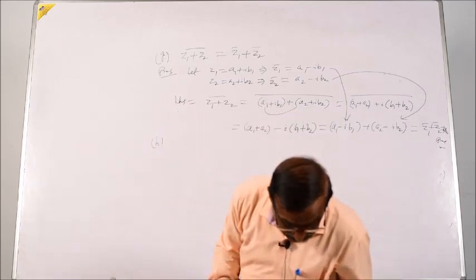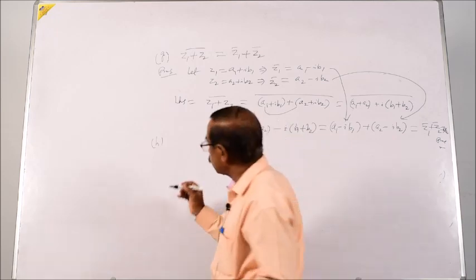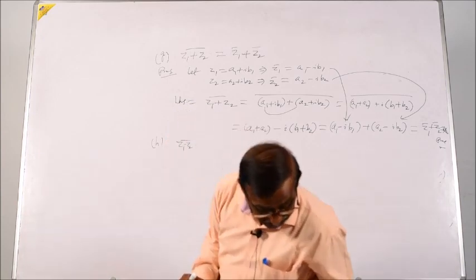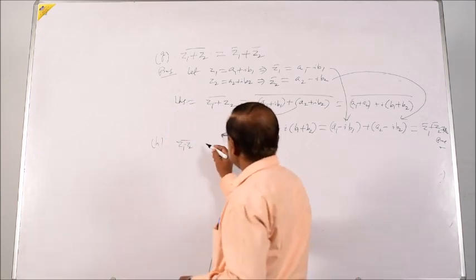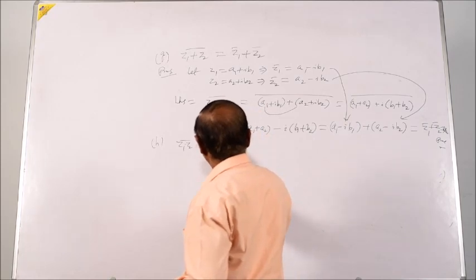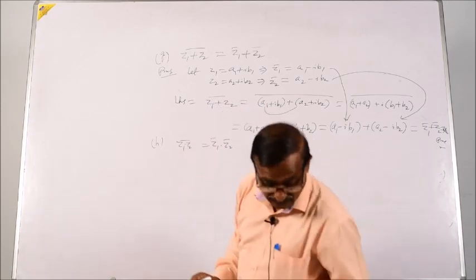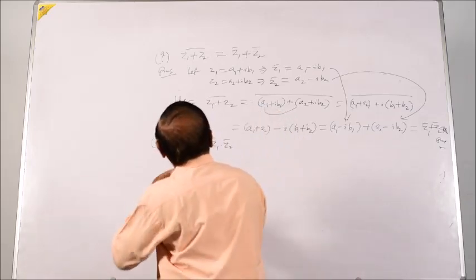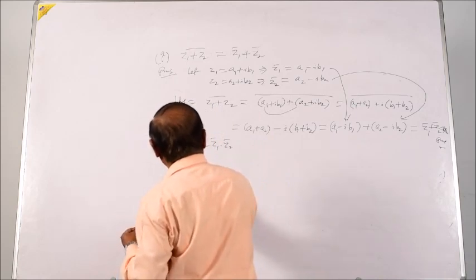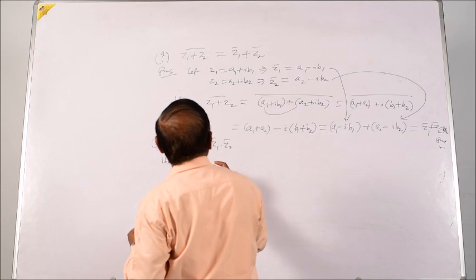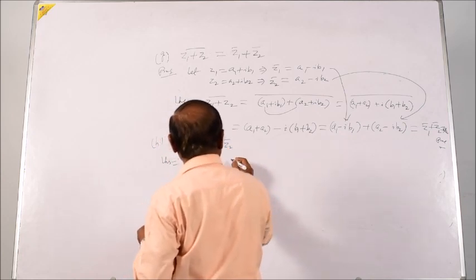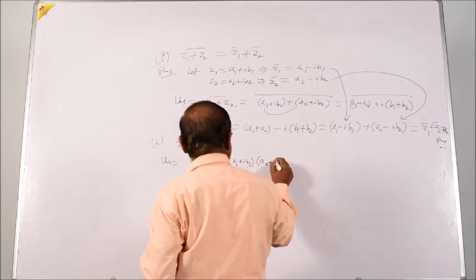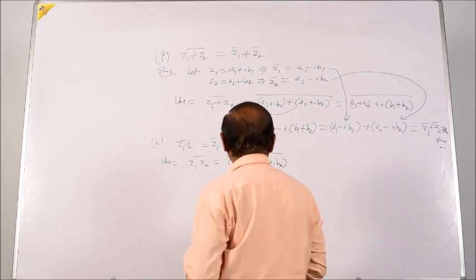Next one is z1 dot z2 whole bar is z1 bar dot z2 bar. LHS is z1 dot z2 whole bar. What is that? z1 is a1 plus ib1, z2 is a2 plus ib2, whole bar. Let us multiply simply.